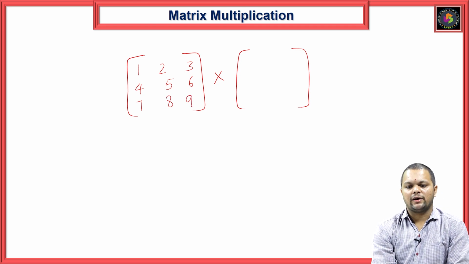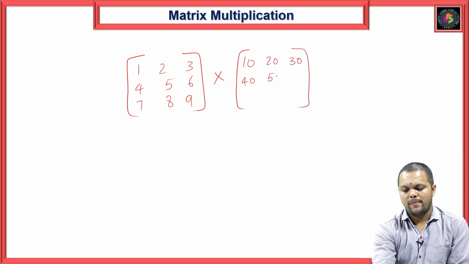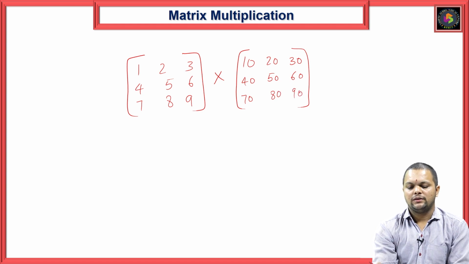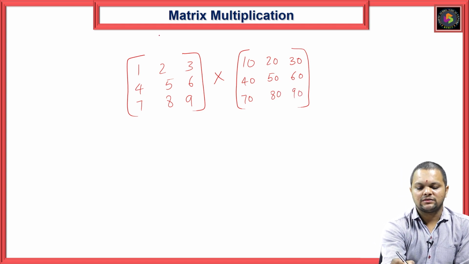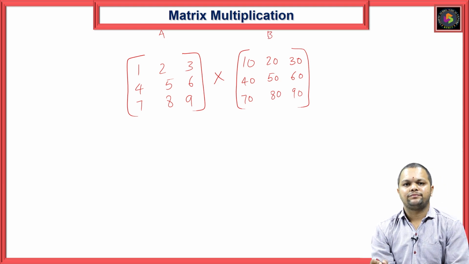These are the values in the matrix. If I am going with other values 10, let me name this matrix as A. Let me name this matrix as B.